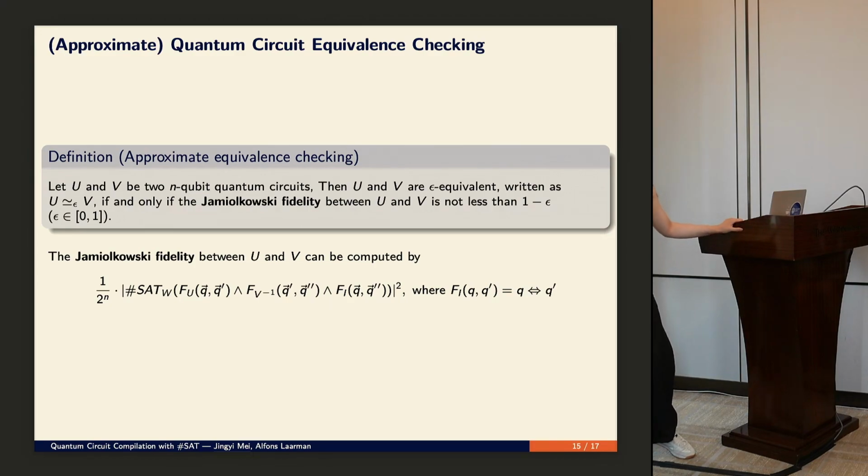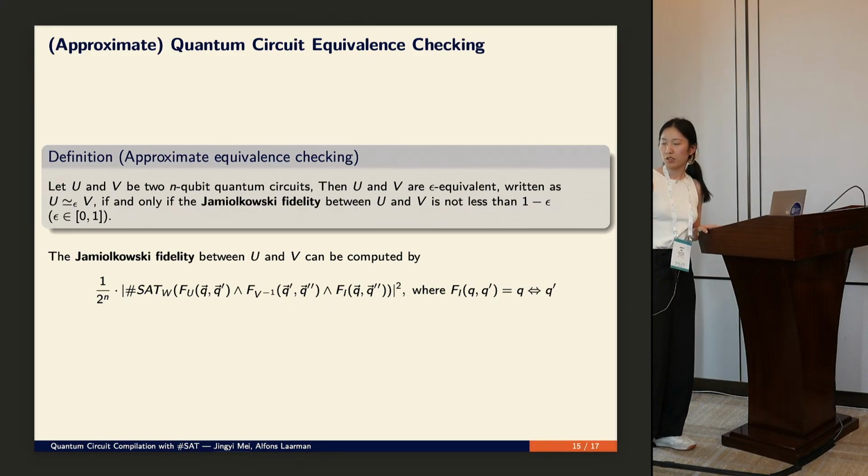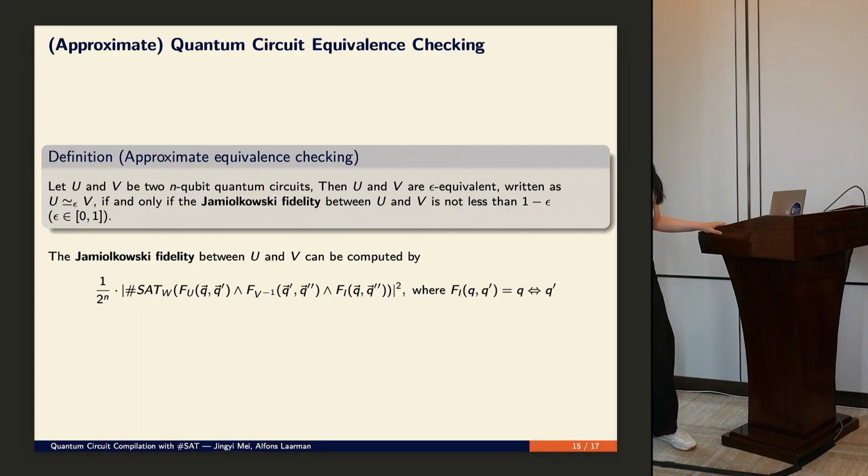And after computing the weighted model counting of this Boolean formula, we will get the Jamiołkowski fidelity. So since we can get this fidelity out of this formula, we can determine the approximate equivalence checking of these two circuits. And if we set this epsilon to be 0, then we can decide the exact equivalence of these two circuits.